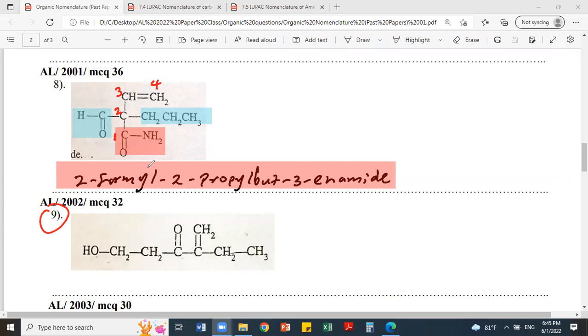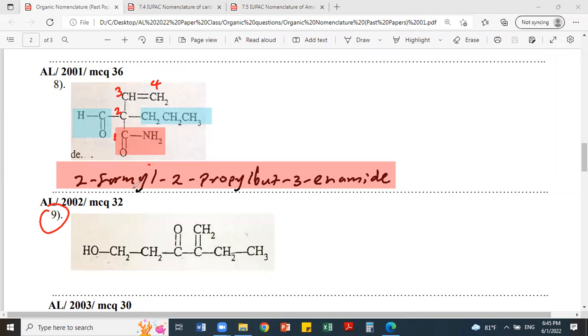Right. So you have 1 hydroxy. But methyl or ethyl here? For enone, yeah, it's a ketone.